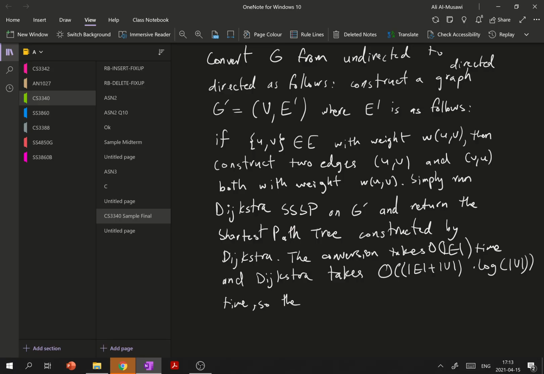So the total time complexity is basically all of this above.